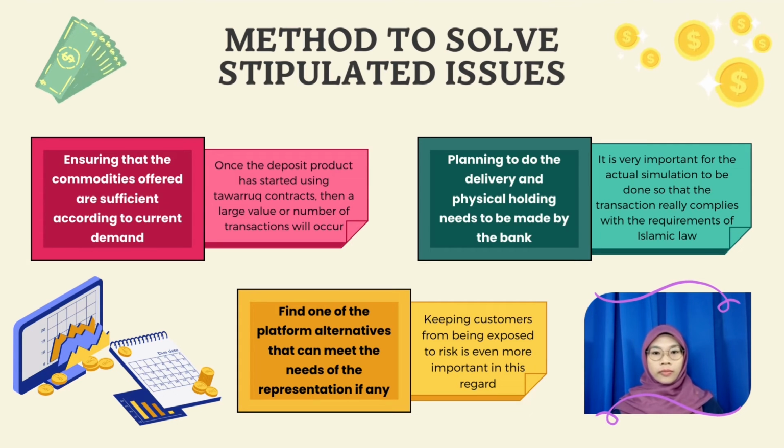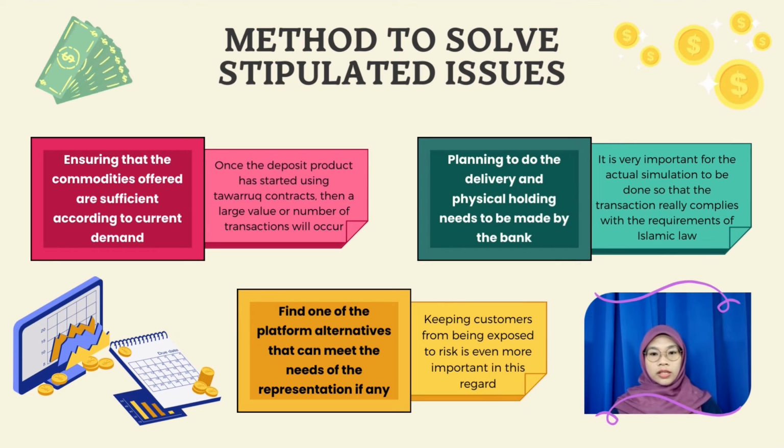Lastly, from the issues used as the basis of the analysis, the issues related to representation were found not to be met by the bank properly. This is due to the customers not having access to the system provided, causing sales to third parties to not be possible. The system can only be accessed by platform participants, namely financial institutions, for the purpose of buying and selling commodities.